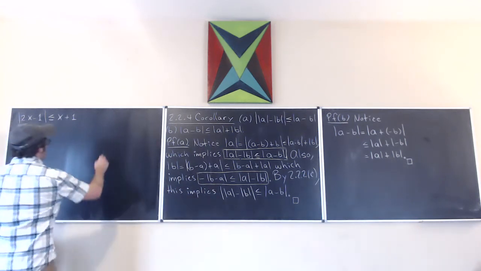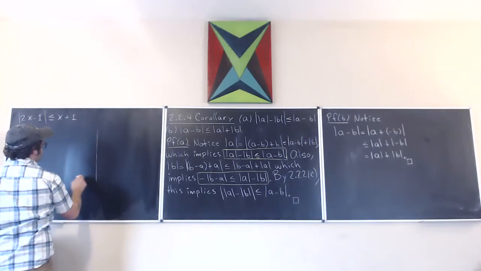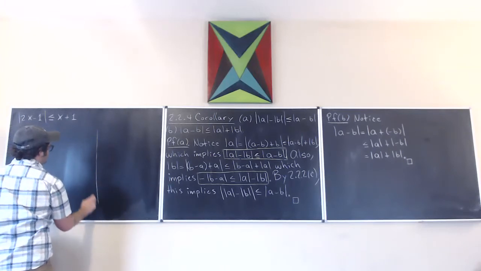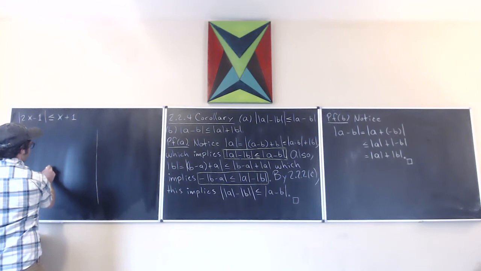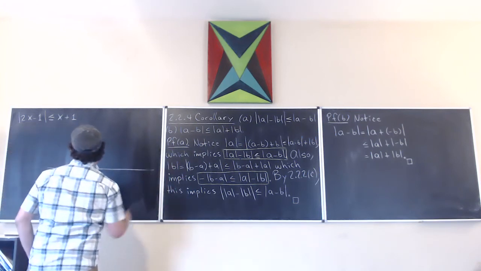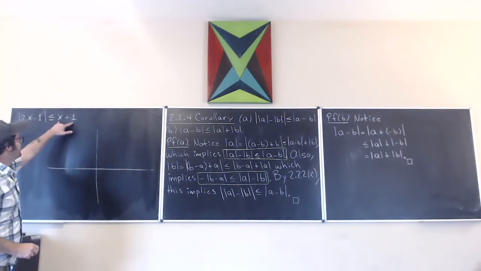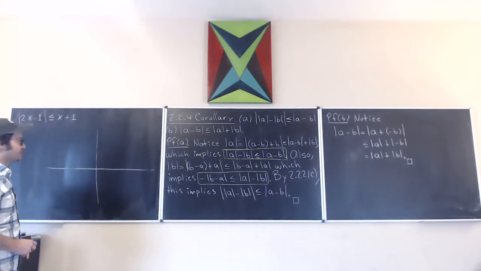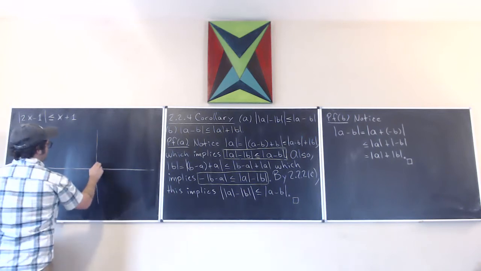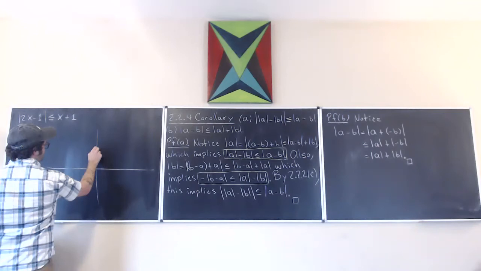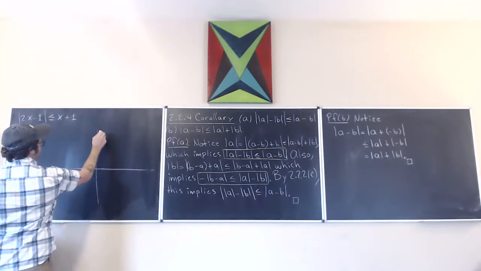So I'll try my best to draw this picture well. First, I'm going to draw this linear function x plus 1. First I need to draw my ticks here.